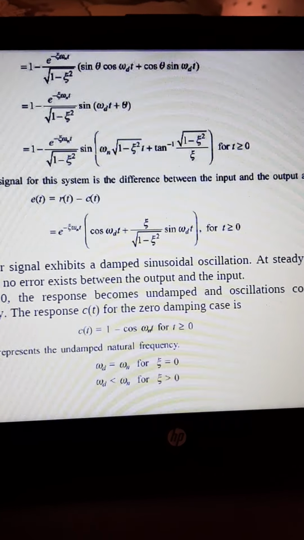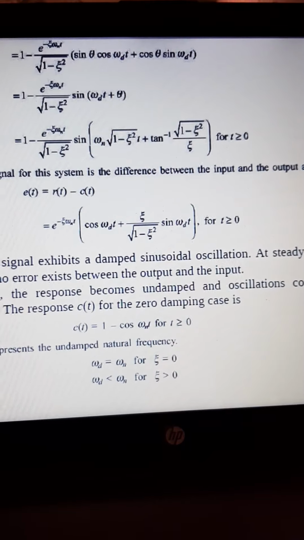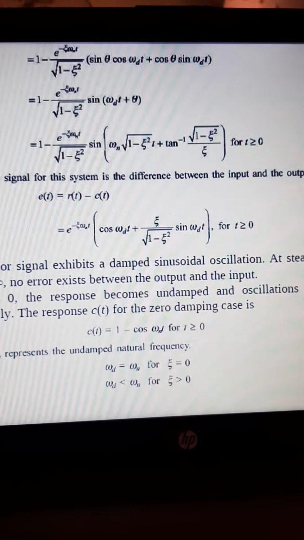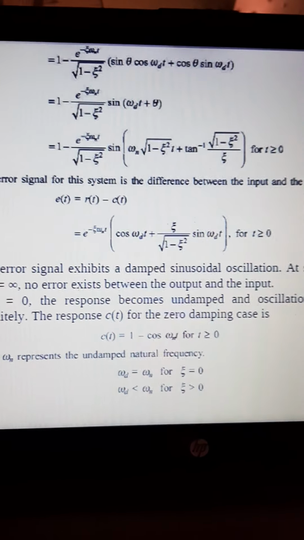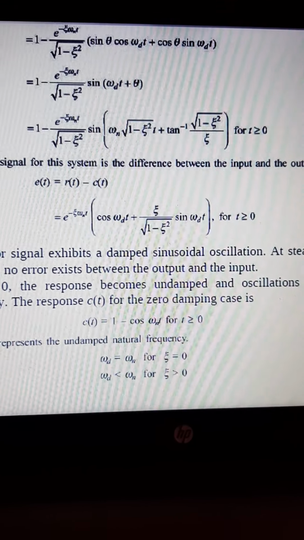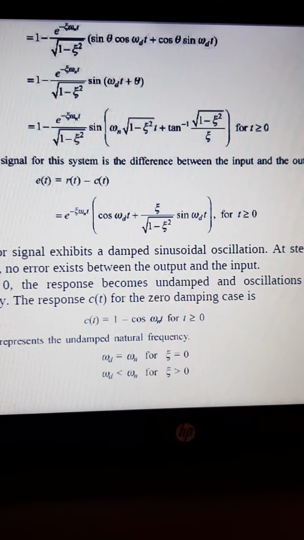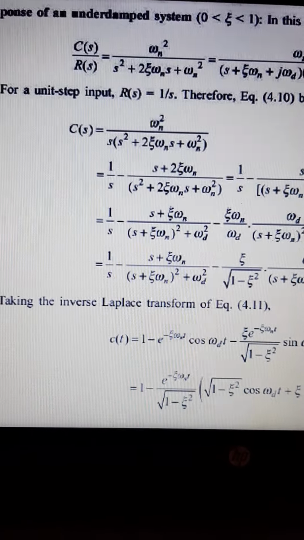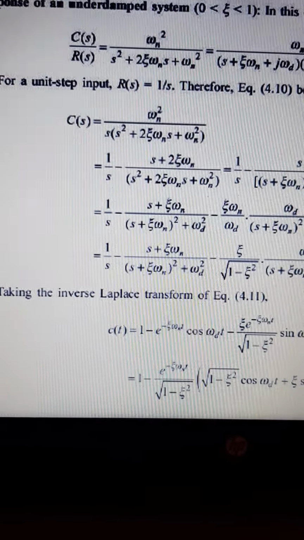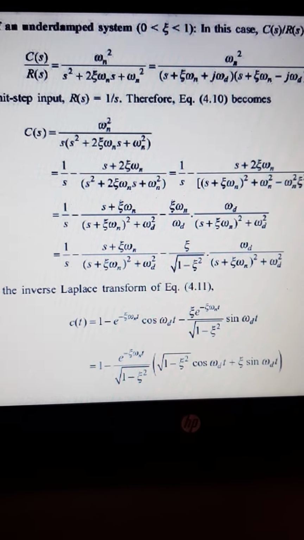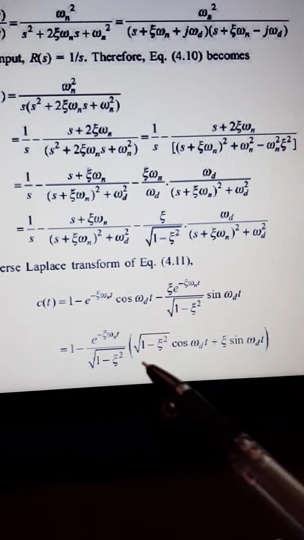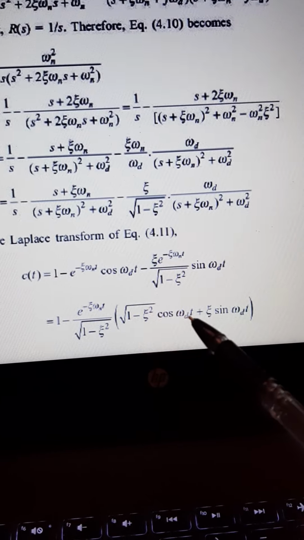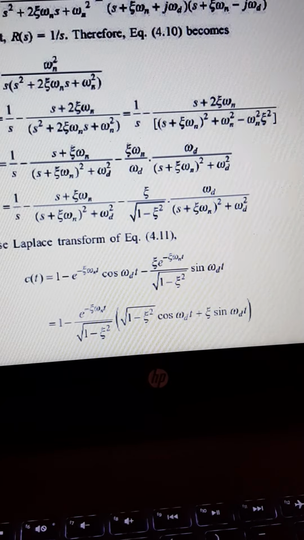Now again, in the form of cos A cos B, sin A sin B, they made it. As you can see from the previous one, concentrate here: this term square root of 1 minus eta square, and here psi.